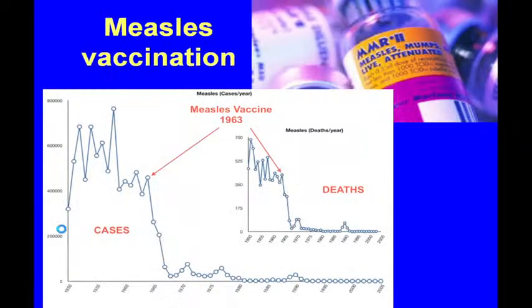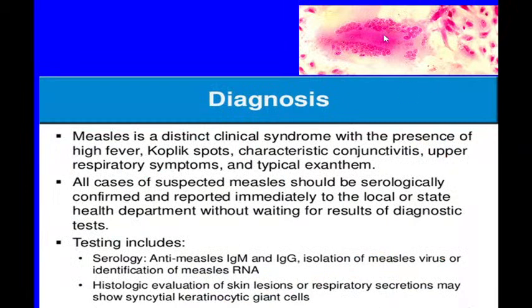and also it may be confirmed by the histological examination of the infected tissues, where we may see the syncytial formation. This is histochemistry, the histological evaluation of the skin lesions or respiratory secretion.